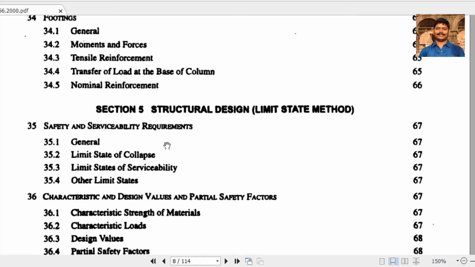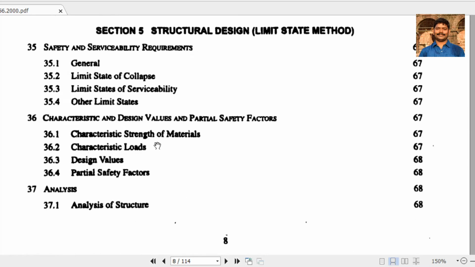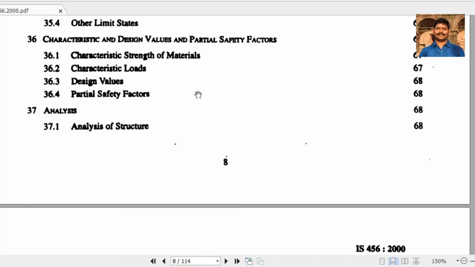Section 5 deals with the limit state method. Here, if you want to see what the assumptions are in the limit state method, what is the limit state of collapse, what is the limit state of serviceability, we will get in Section 5. There you also will find partial safety factor, characteristic load, design value, all the definitions.